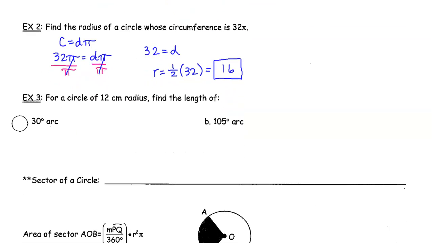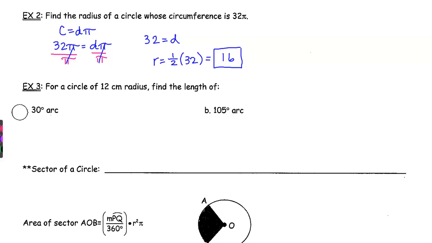Okay, and then example 3, back to our length of an arc formula. So we're going to use a circle of a 12 centimeter radius for both of these. So if we've got a 30-degree arc, so 30 over 360, well, if our radius is 12, that means our diameter is 24.